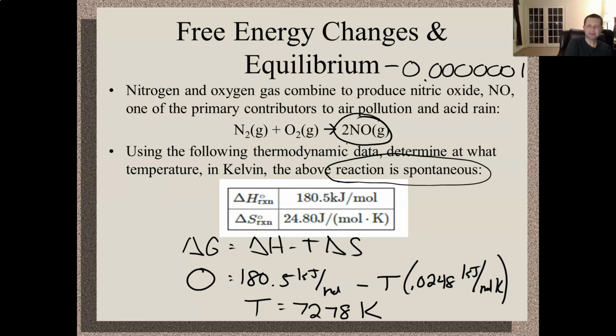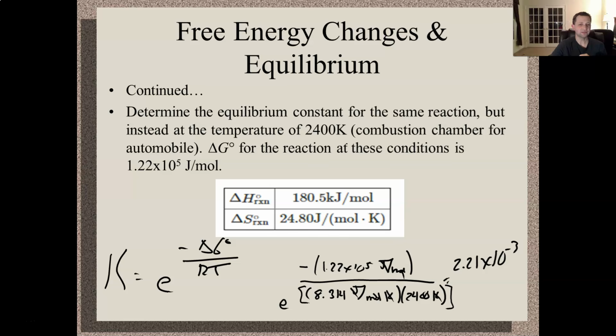So that's not really going to happen much at room temperature. We saw our K value was to the negative 31st power. But that's why in a car, you're going to produce more of that NO gas, which is bad for the environment, and it creates acid rain. You're going to get more of that NO gas because it's a little bit more favorable to create a little bit more product than when you're at room temperature, when you have that really low equilibrium constant value.